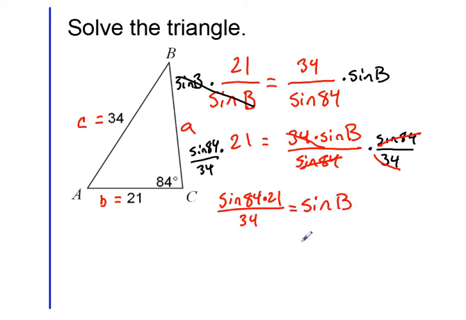What I end up with is approximately 0.61. It continues on for much longer, so I'm going to also include a 4. We're going to need to inverse sine what the calculator gave us, and that's what will give us B. So B will be equal to the inverse sine of what the calculator gave us.